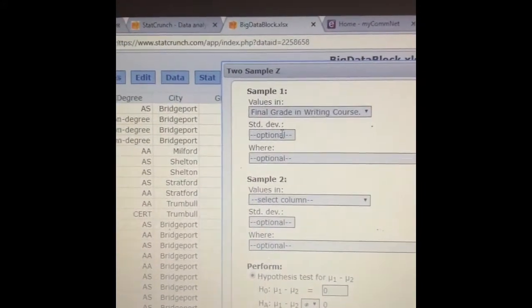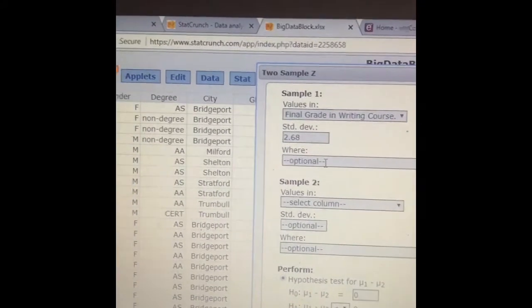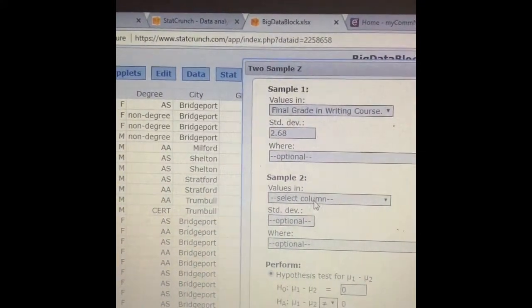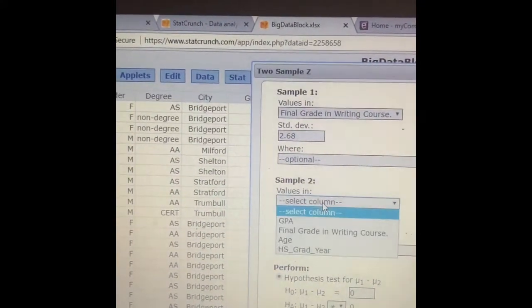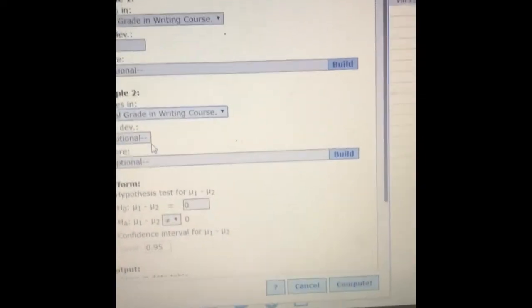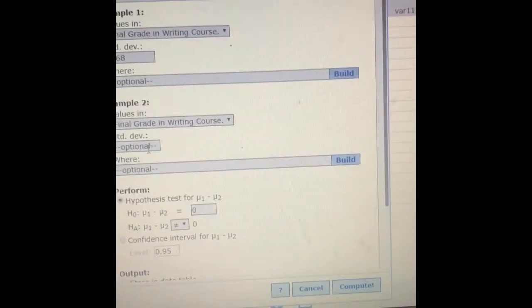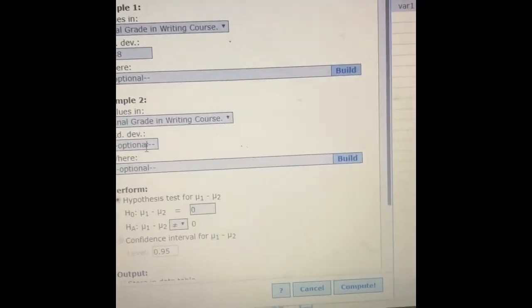It would be 2.68. And for my sample number 2, it would be final grades with writing course, but my STD for the ones that have used the writing center would be 3.